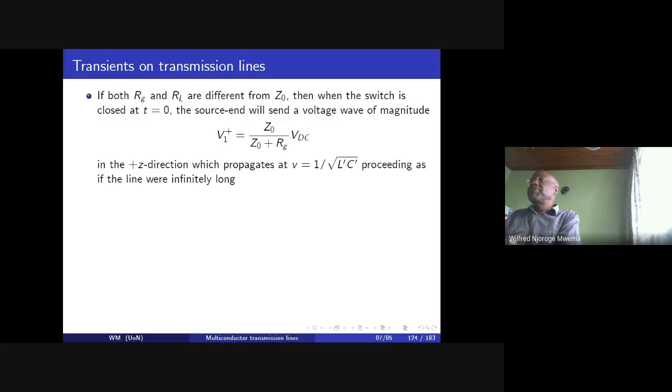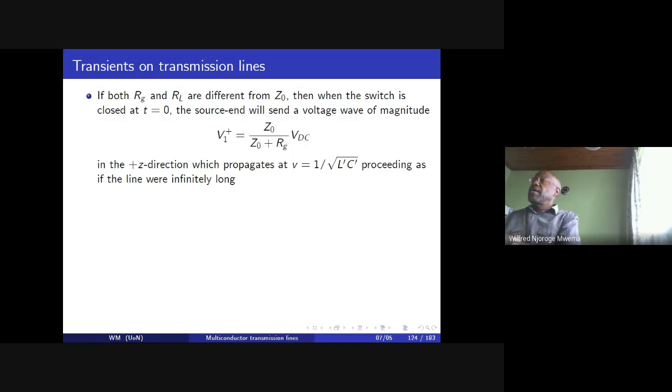When the wave arrives at the load, it will also find that the load is different, and it will suffer a reflection and start moving backwards towards the generator. That is, we'll have a reflected wave component traveling backwards towards the sending end of the line, where it finds again that there is a reflection because RG and Z0 are different, and it will be reflected back again and so forth. It keeps going back and forth, like two guys playing ping pong, so to speak.